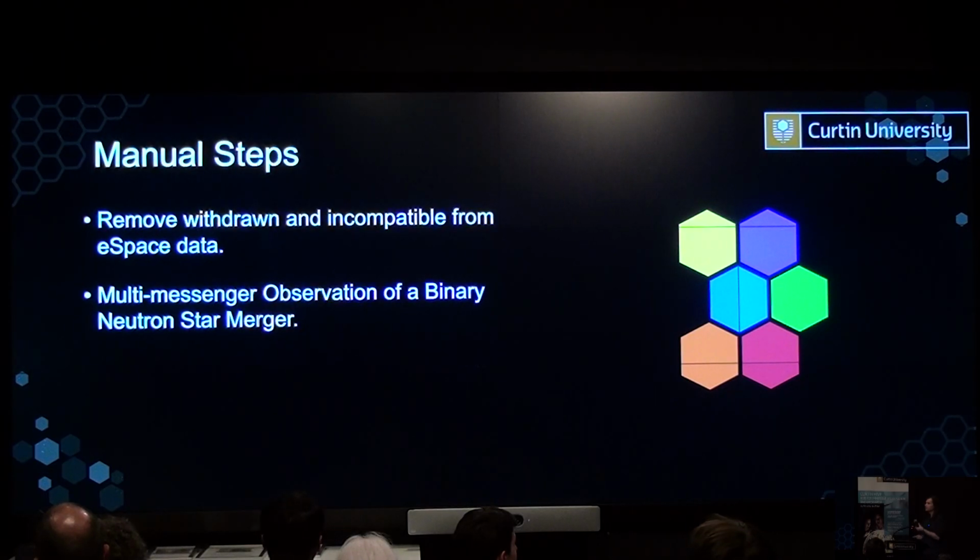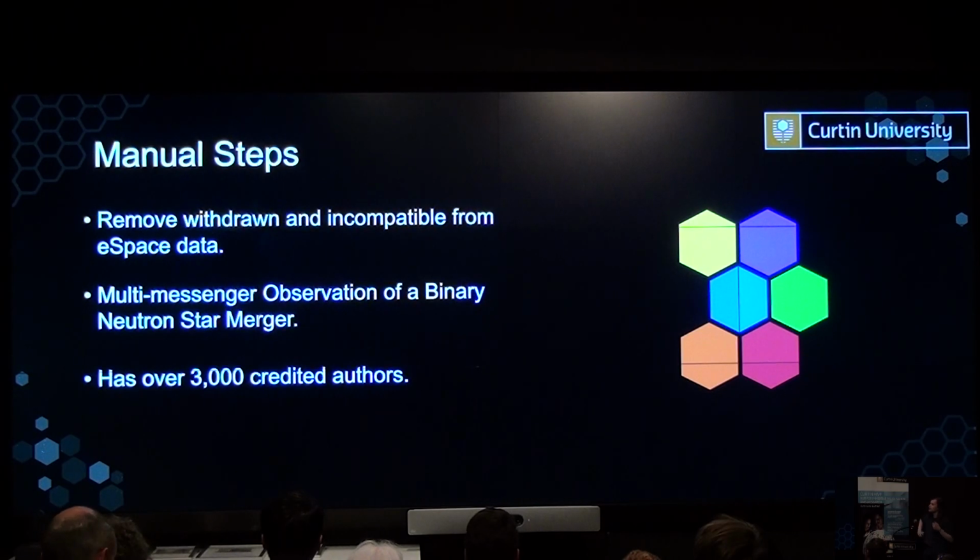That's something that needed to be manually removed, as well as one of my favorite reports that I've seen during this production, multi-messenger observations of a binary neutron star merger. Quite a wordy title, but it's a wonderful thing to see. It was made in 2017. Of course, it's astronomical in origin, and it has over 3,000 credited authors. It didn't quite work with the export.